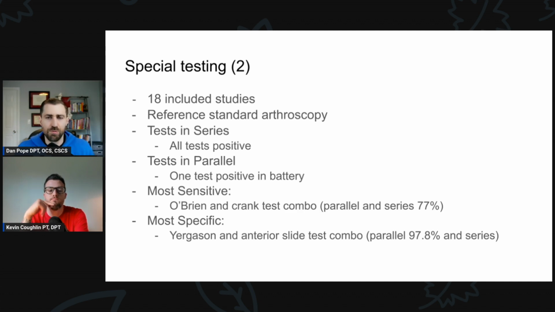When you start to put these tests together, we can get some better sensitivities and specificities, despite, like we said previously, different populations, different mechanisms of injury, different ages. All of these are going to mess up your sensitivities and specificities. But if we start combining them, we start to get some better numbers there from a sensitivity and specificity standpoint.